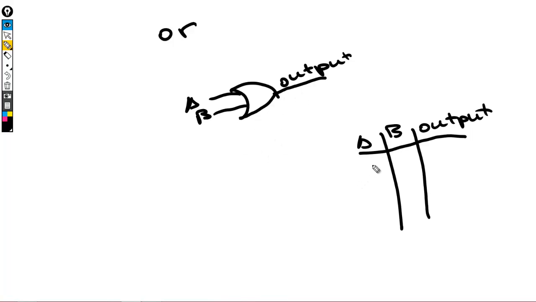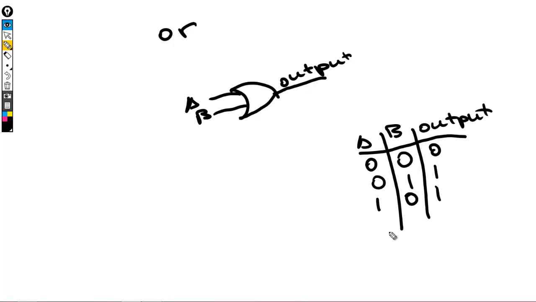So let's take an example. An OR gate has a truth table that looks like this. When A is 0 and B is 0, both bits are 0, our output is a 0. When A is 0 and B is 1, our output is going to be 1, and vice versa if we switch those.